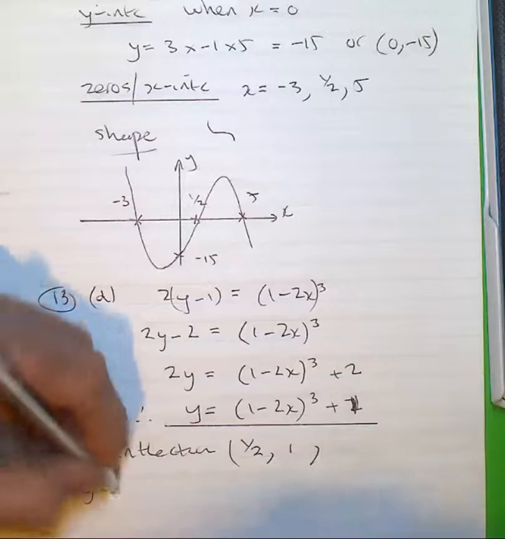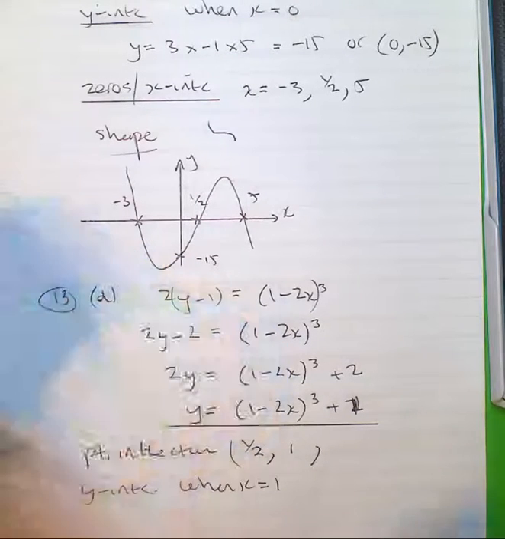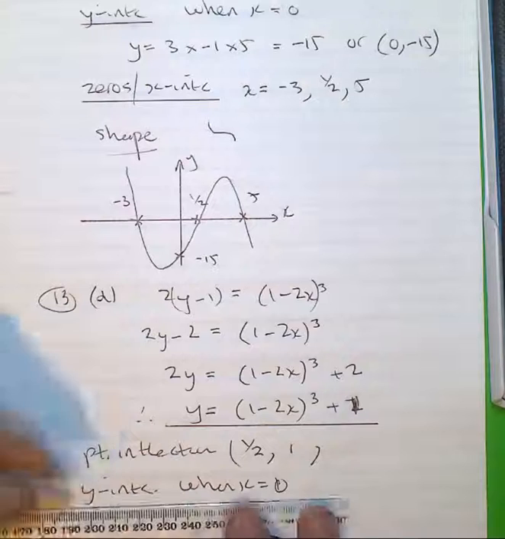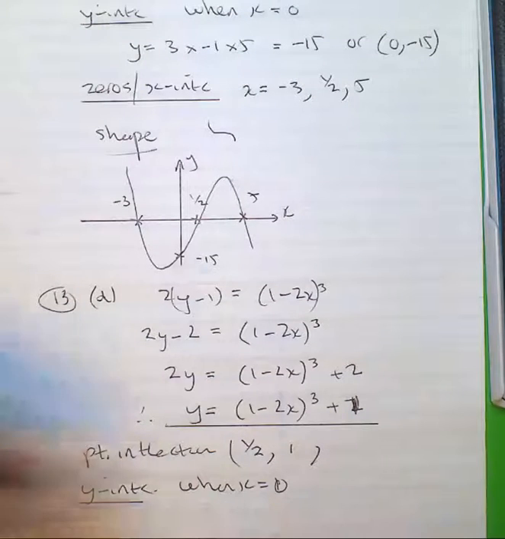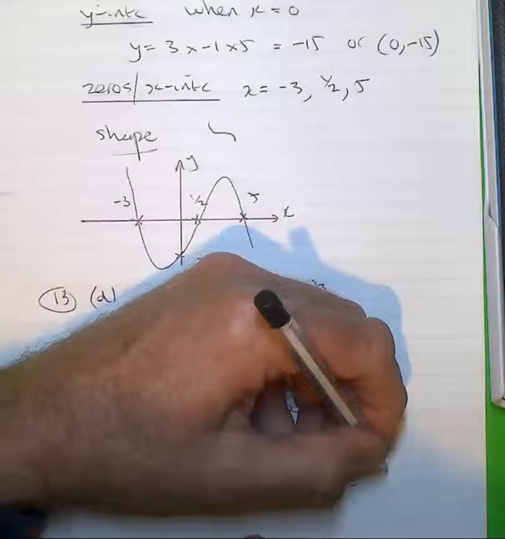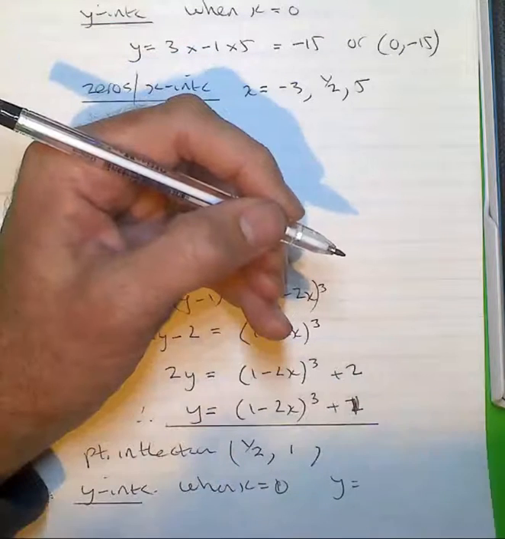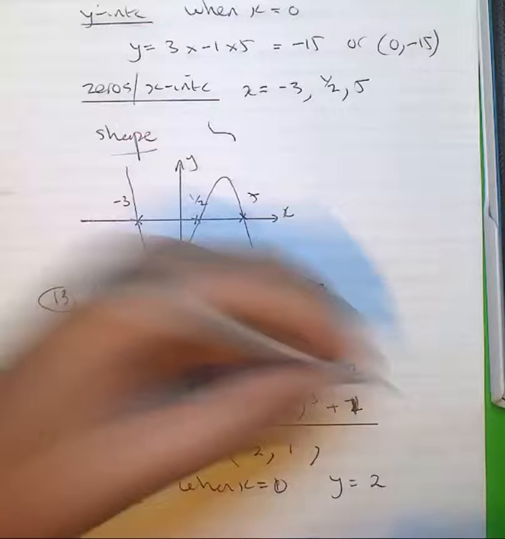And the y-intercept when x is equal to 1, x is equal to 0, sorry. It's going to give us 2.